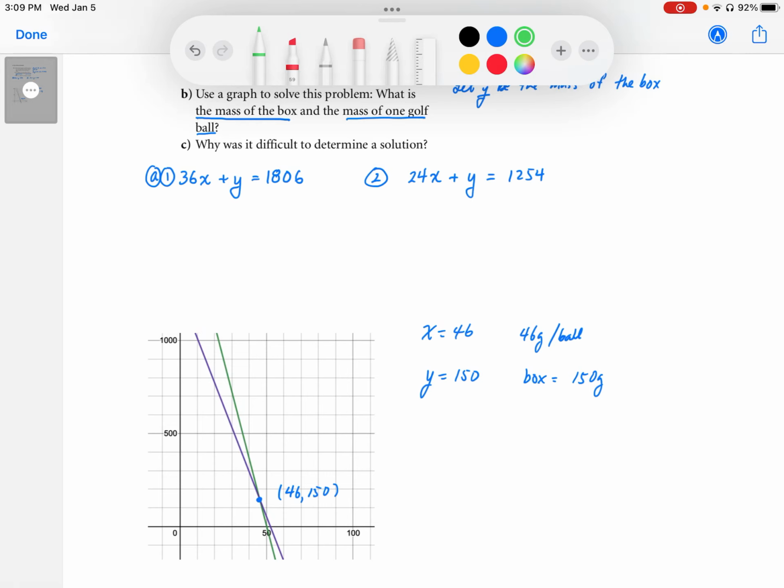I can make each equation equal to y. So y equals negative 24x plus 1254, and y equals negative 36x plus 1806. And I can make those equal to each other.